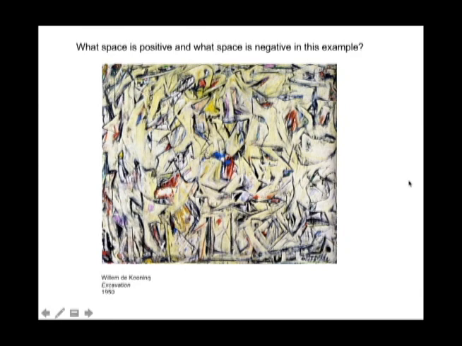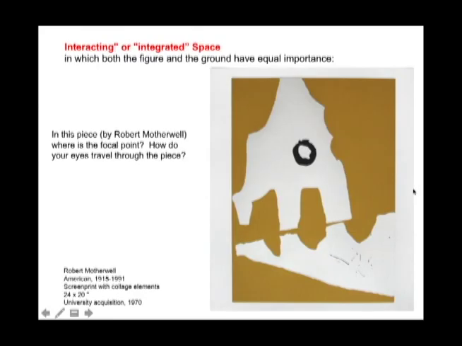And in a painting like this, it may be beside the point to talk about what's positive and what's negative. But yet in much abstract work, we can still talk about positive and negative relationships in which both figure and the ground can have equal importance and often shifting importance.